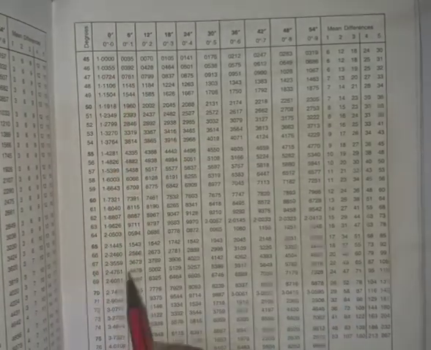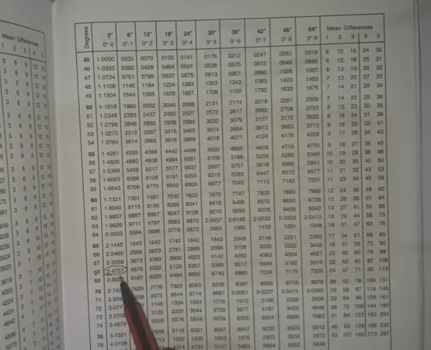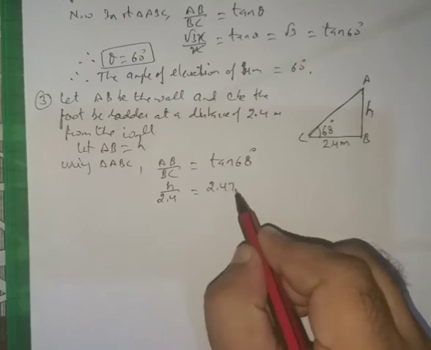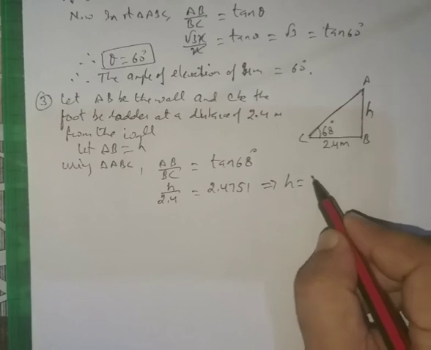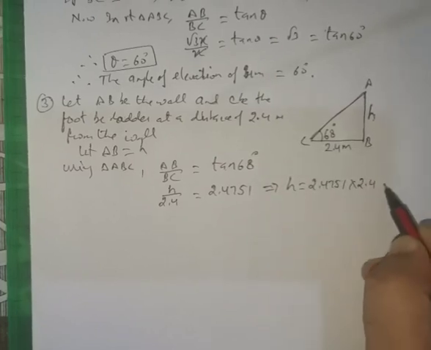So this is the value of tan 68. It is 2.4751. So from here H will be equal to 2.4751 multiplied by 2.4 meter. Now you can multiply this and find the solution.